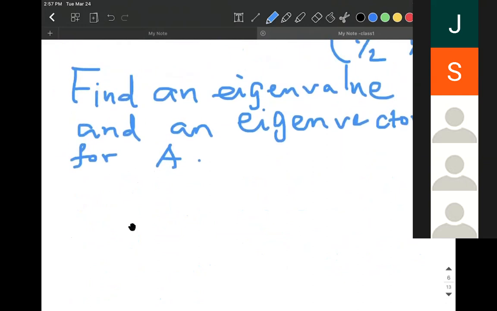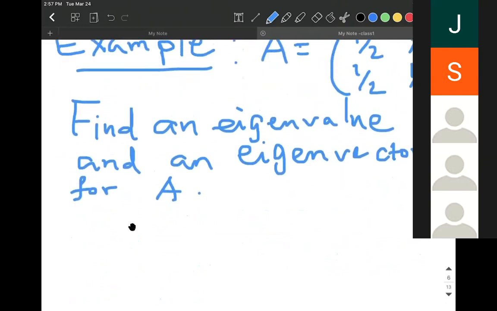This rows adding up to 1 should ring a bell a little bit at least. So what happens if we multiply A with this particular vector?